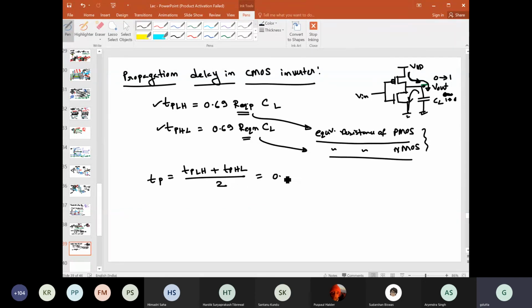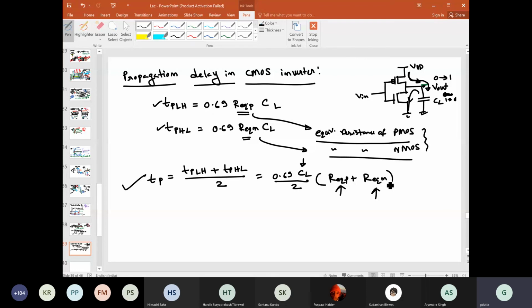So we can also write it as 0.69 CL by 2 into R equivalent P plus R equivalent N, isn't it? This will be the propagation delay for a CMOS inverter. Here CL is the load the inverter is driving. Other terms are known except these two, R equivalent P and R equivalent N.